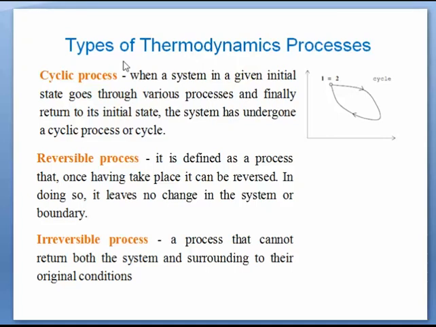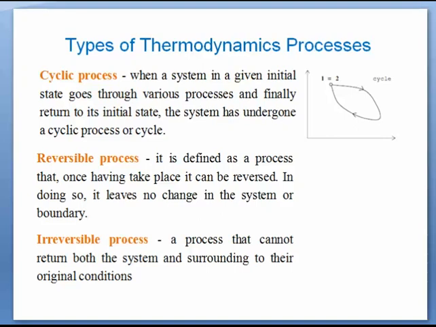Now, a reversible process is a thermodynamic process that can return in such a way that both the system and the surroundings return to their original states with no other change anywhere else in the universe. Or you can understand it as both system and surroundings being returned to their initial state at the end of the reverse process.